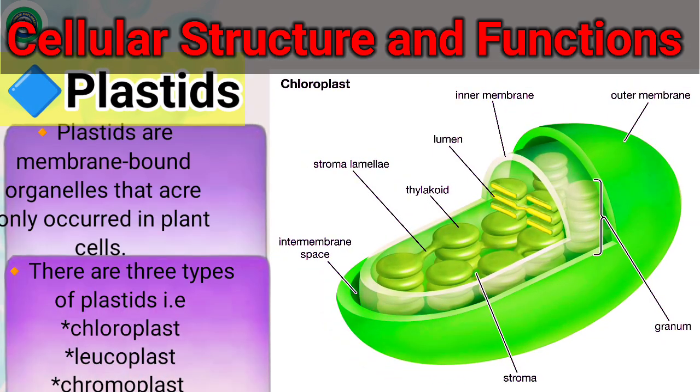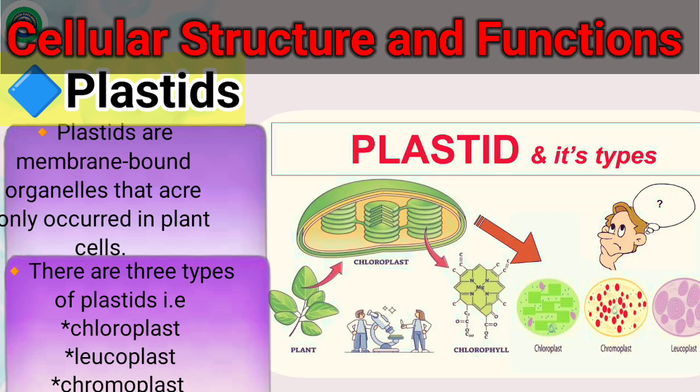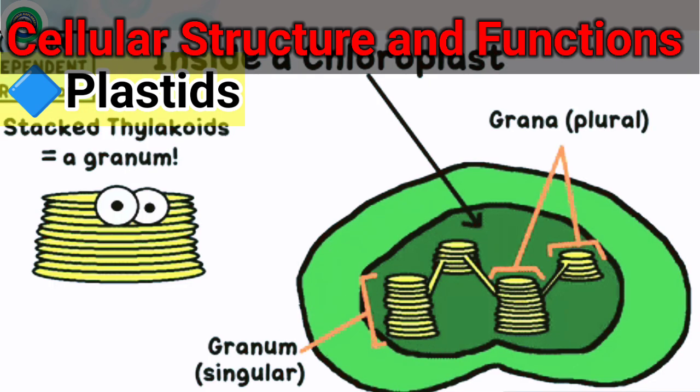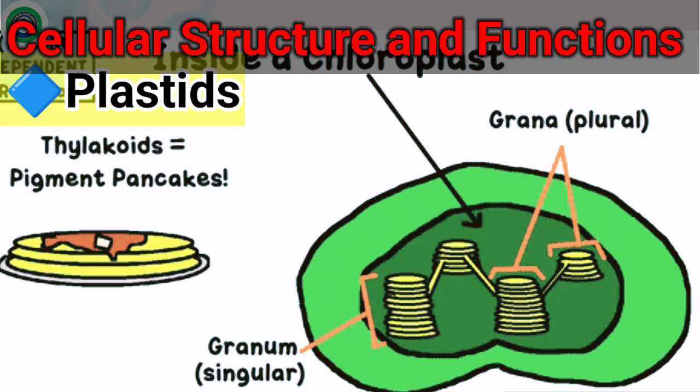Plastids. Plastids are membrane-bound organelles that occur only in plant cells. There are three types of plastids: chloroplast, leucoplast, and chromoplast. Chloroplast is bound by a double membrane.